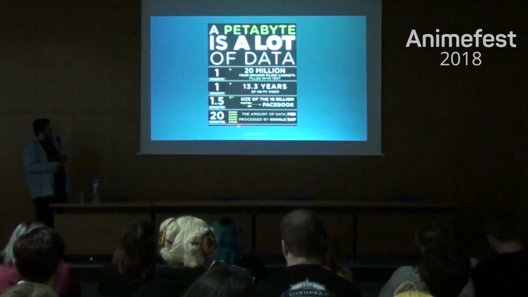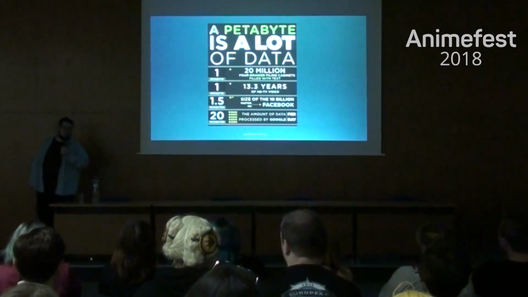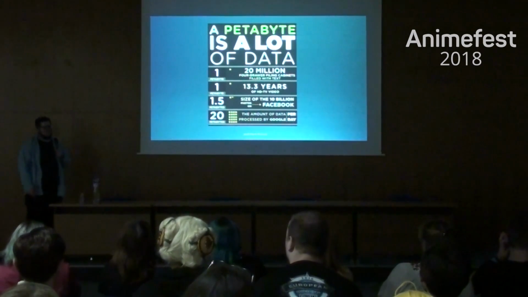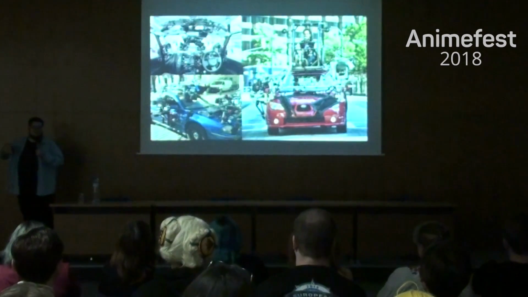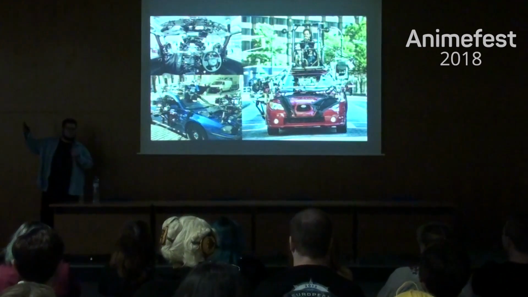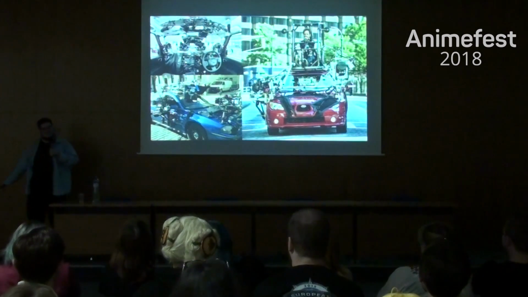And 20 petabytes is the amount of data processed by Google per day. It was a few years ago, so I guess now you can probably double the numbers. But you see how much data is involved now. We flew humans to the moon on a PC that had, I think, 8 megabytes of RAM, and now we need 1 petabyte for a stupid movie.